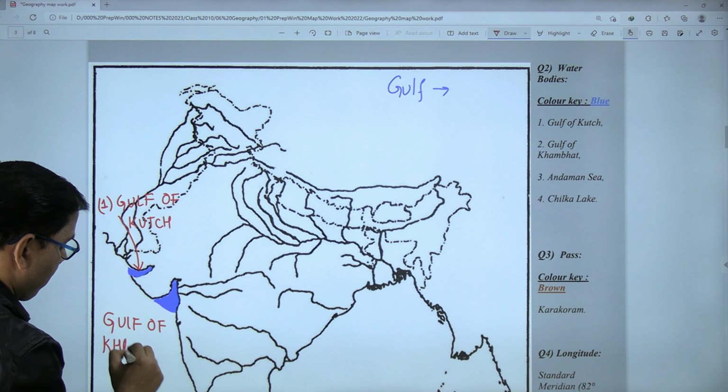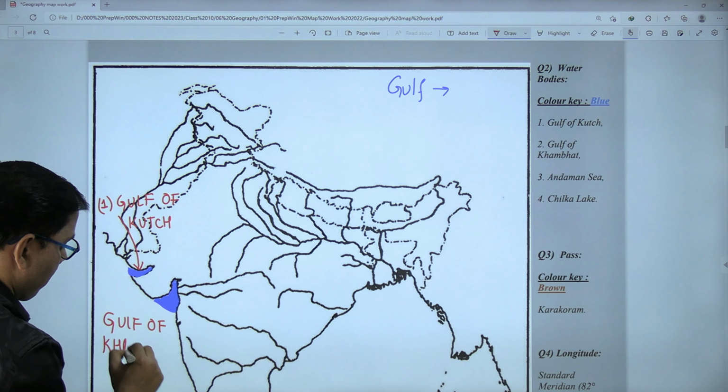Now coming to Andaman Sea, I am going to mark Andaman Sea now, right? So we all know Andaman and Nicobar Islands. After Chilka Lake, we are about to mark this Andaman Sea, which is our third marking in the map. See this first dot here and first dot here. Mark it like this. And here last dot and last dot. And this region between these dots in blue color is your Andaman Sea.